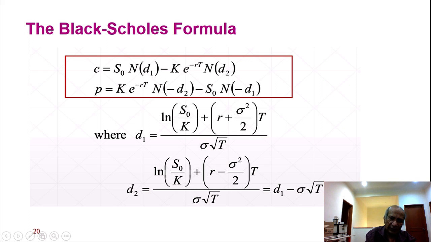Okay, the celebrated formula is, as you saw just now, the call price is S0 N(d1) minus K e to the power of minus rT times N(d2). For put, look at this. The present value of the strike times N(d2) comes forward. That comes in front. Then you subtract S0 times N(d1).